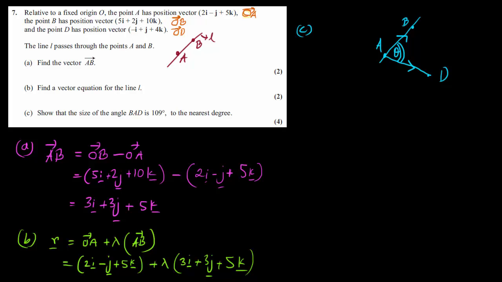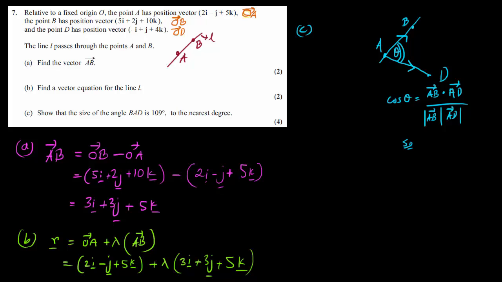So let's write down the formula for the angle. cos theta equals the dot product of the direction vectors, AB dot AD, divided by modulus of AB multiplied by modulus of AD. Now we already know the direction vector AB, we found it in the previous sum, but now we have to find the direction vector of AD before we can proceed.